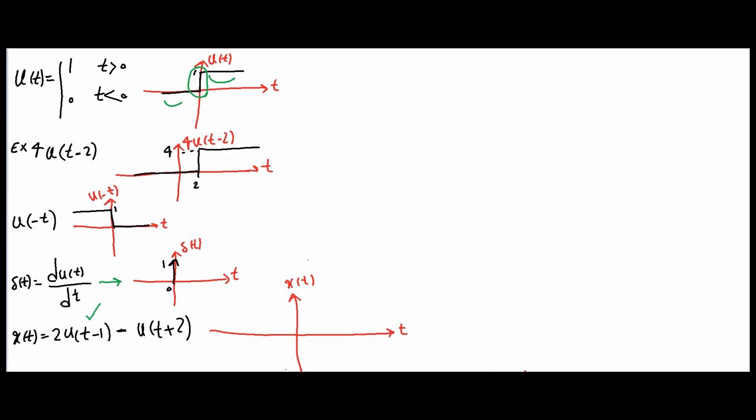To do this, we first draw 2u(t - 1), which is a signal that starts at time 1 and has an amplitude of 2. Similarly, -u(t + 2) starts at time -2 and its amplitude is -1. Now we add these two signals together.